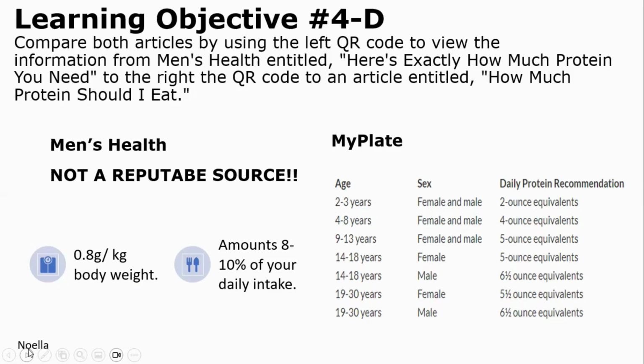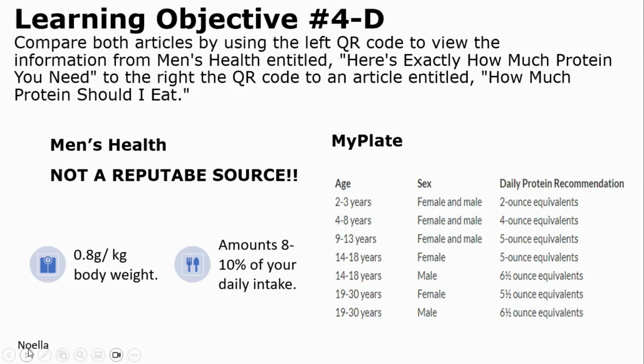If you go through the article on the Men's Health website, it mentions that 0.8 grams of protein per kg body weight is sufficient if you're not into athletics or if you're not trying to build muscle. And it amounts to 8 to 10% of your dietary intake. But that's not true. 0.8 grams protein per kg body weight, like we studied before, is just the minimum requirement.